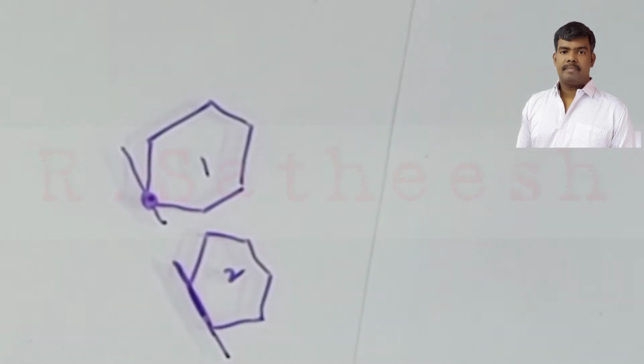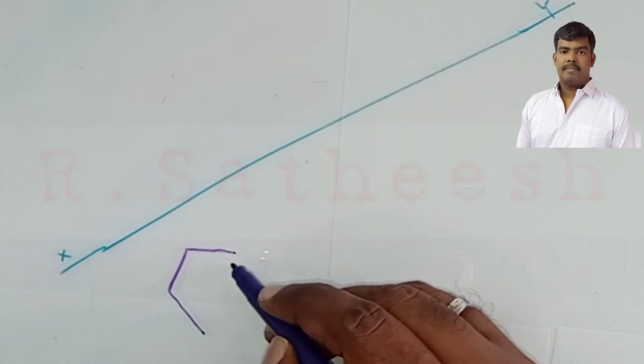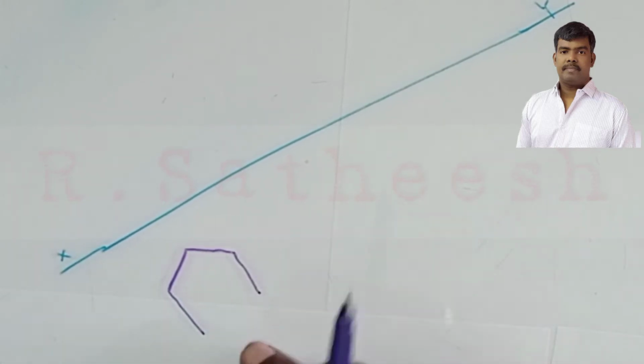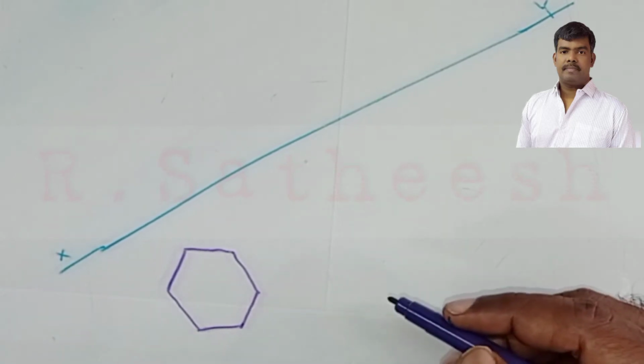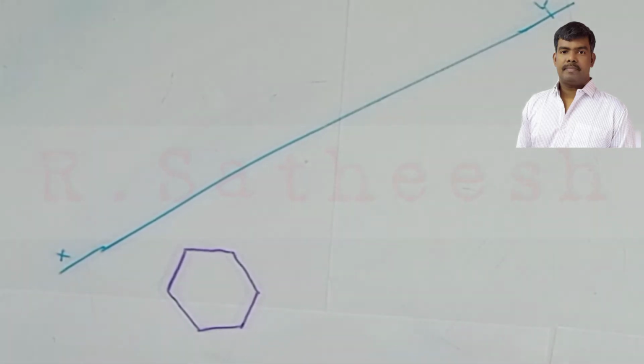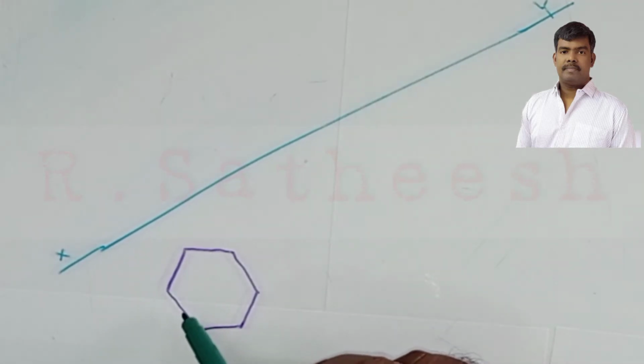Therefore, we draw the hexagon vertically. So let us assume a regular hexagon. This is the case, and now you draw the projection while tilting, with one of its sides resting on HP.